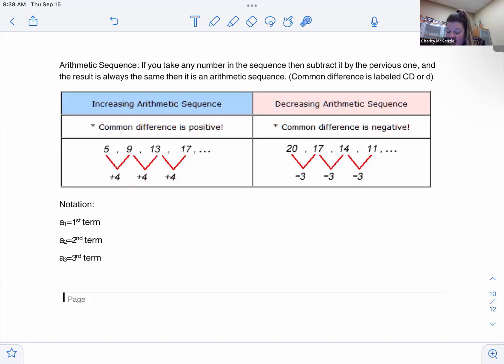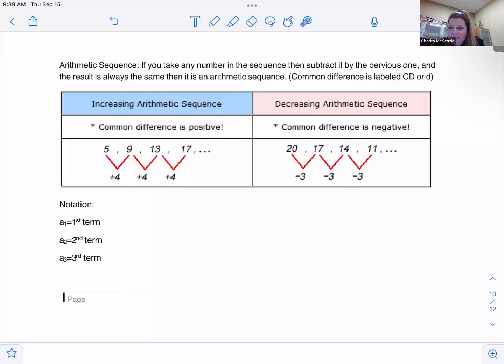The sequence could be going down, okay? 20 to 17 is down 3, 17 to 14 is down 3. And so we're decreasing. So we have a negative, okay? We call this 3 or this 4 a common difference. The book labels those as CD or little d.